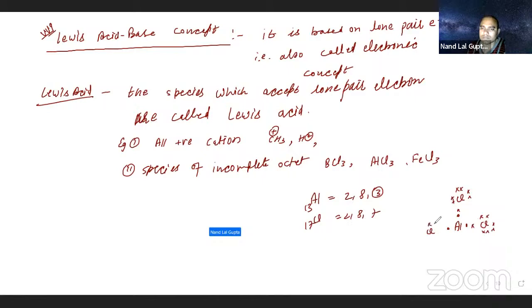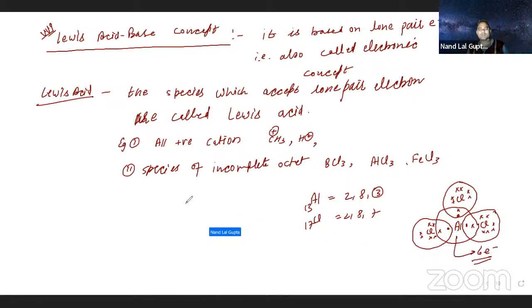If you make the bonding here, sharing of electrons, how many electrons are there? Total electrons are 6, so it is an incomplete octet, yes or no? Yes, sir.